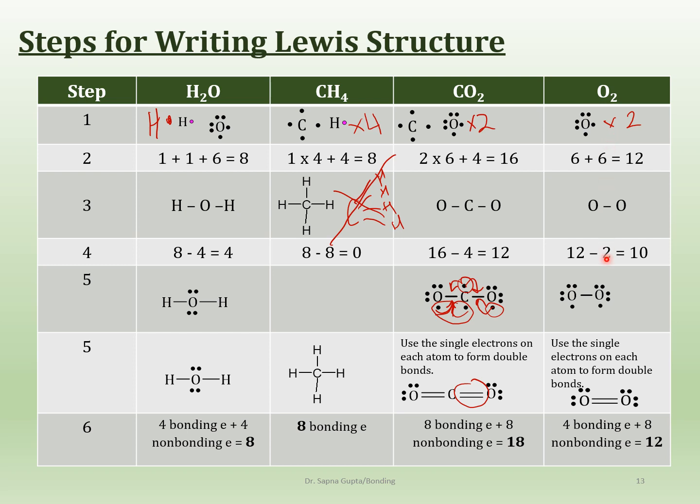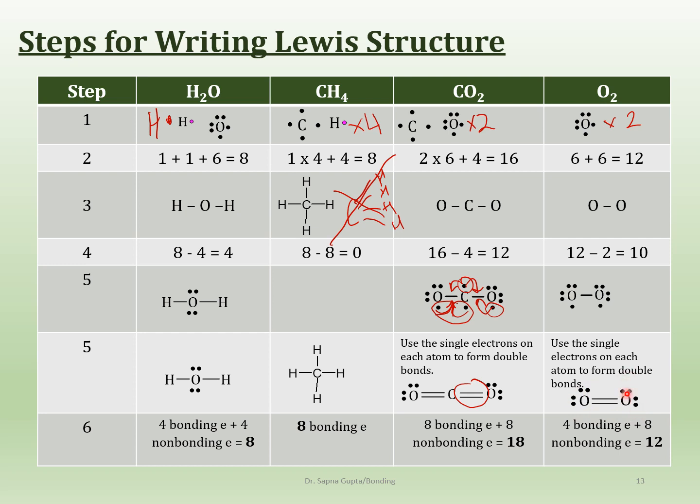Anyway, the same thing you do for oxygen. Oxygen, you connected with 1 bond, which means that you've taken care of 2 electrons. So you have 10 left over. You distribute the 10 electrons on the oxygen. And then those single electrons you will pair up and form the second bond over here. Once you have the second bond, oxygen is happy. How do you know it's happy?